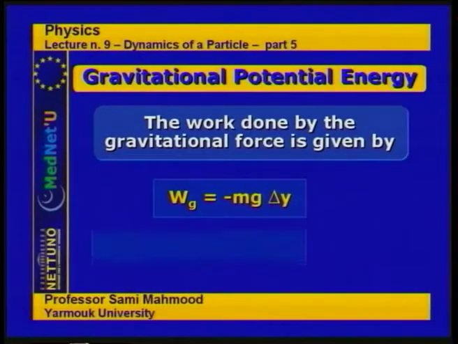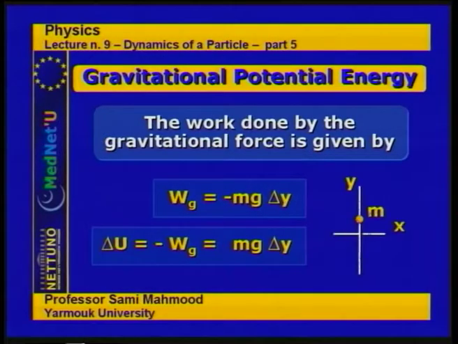For example, let's consider the work done by the gravitational force on an object that is moving under the influence of gravity. The work done by gravitational force was calculated previously.